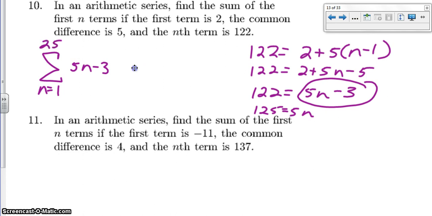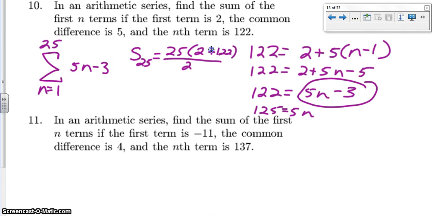So the first 25 terms, okay? So we go ahead and say the series at 25 is equal to 25 terms, the whole thing divided by 2. The first term is 2, okay? And the nth term is 122.